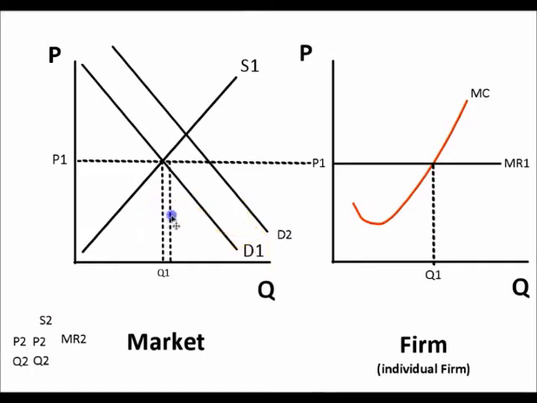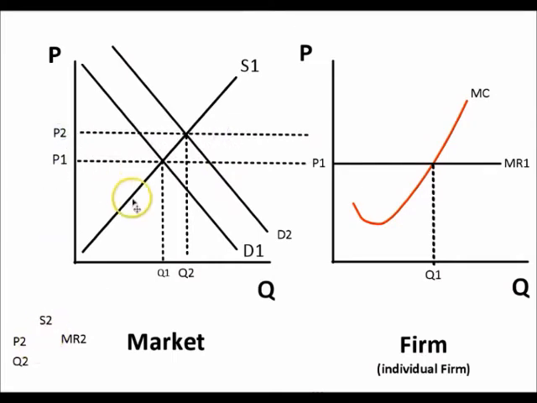We're going to have a new equilibrium right there, a new equilibrium quantity, Q2, and a new equilibrium price, as you see here. So that's just assessing an increase in demand for this product in the entire market.